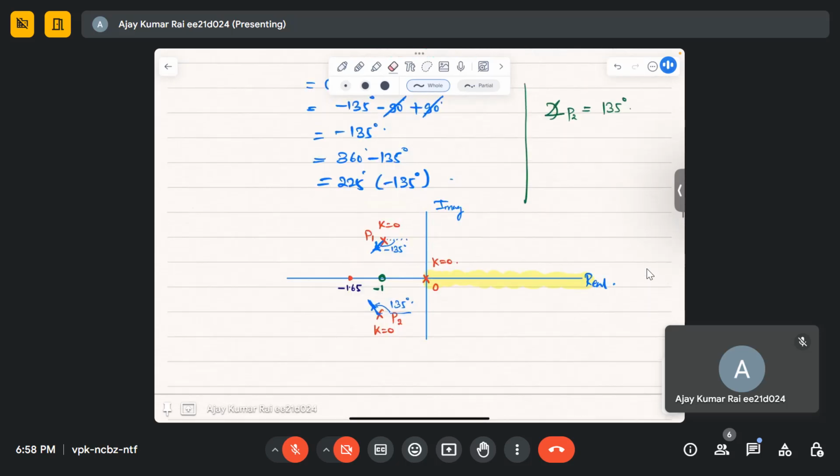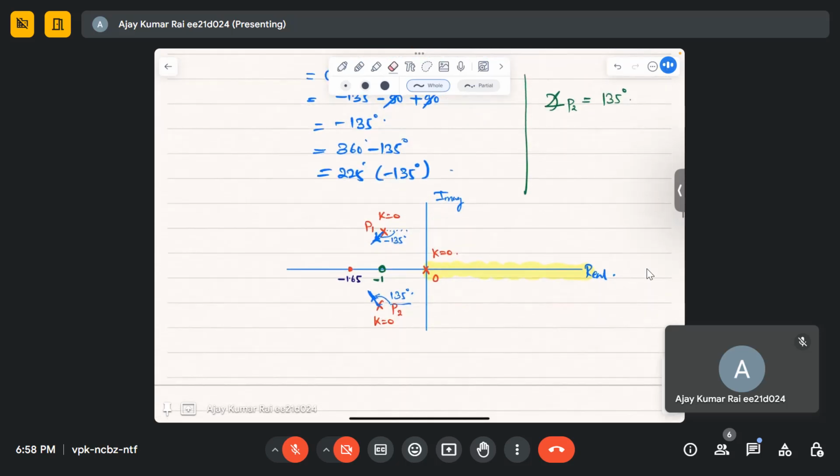So the next question: let's draw the root locus for this. Let me draw it more clearly.